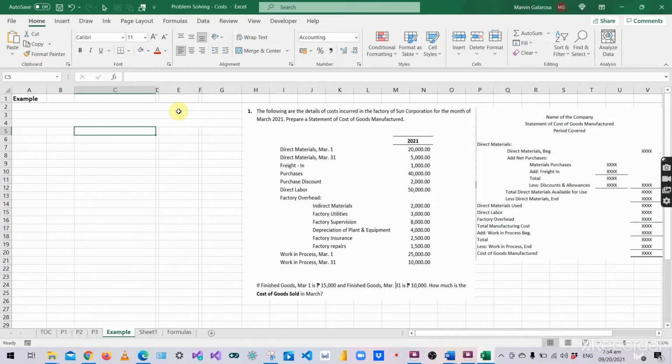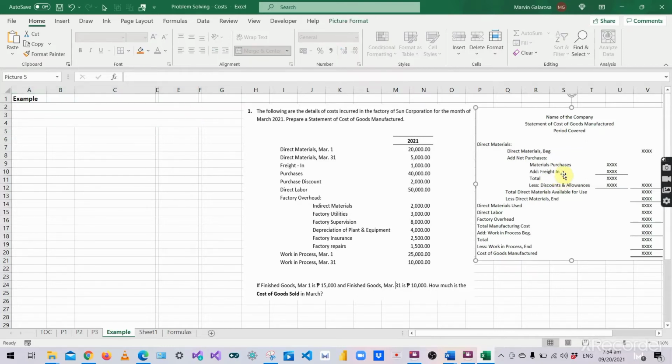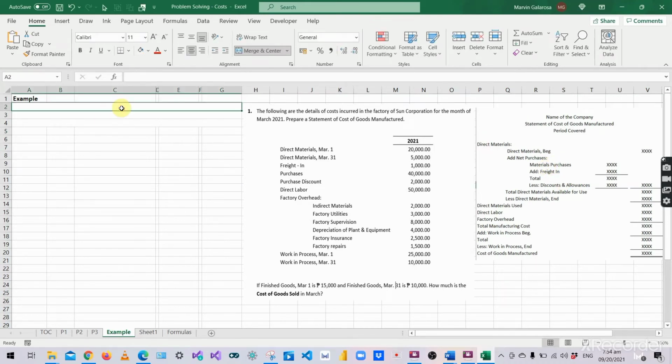So how do we compute for the cost of goods manufactured? Gagamitin natin itong statement formula na to. Una, we'll write the heading consists of 3 lines. The name of the company, which sa example natin si Sun Corporation.